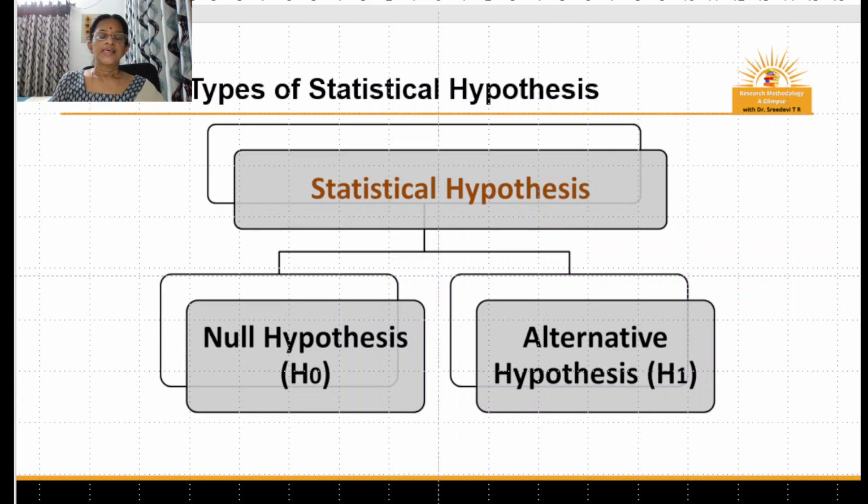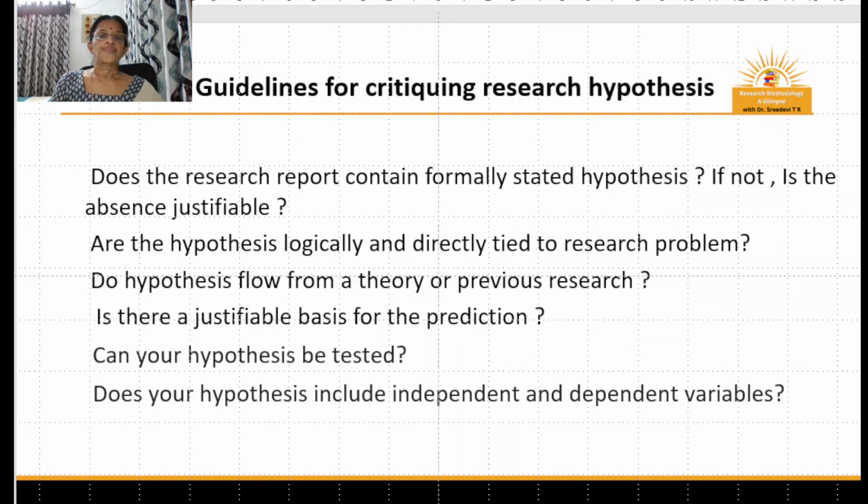So these are mainly research hypothesis and statistical hypothesis, and statistical hypothesis can be null hypothesis and alternative hypothesis, H0 and H1. So these are all about the different types of hypothesis, and now we will see certain guidelines for critiquing research hypothesis.